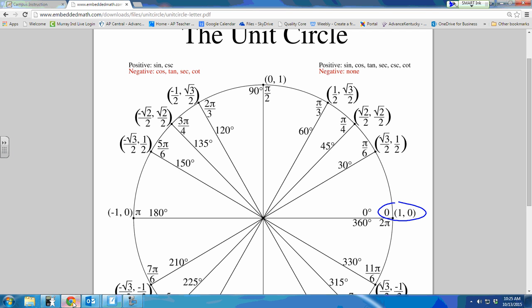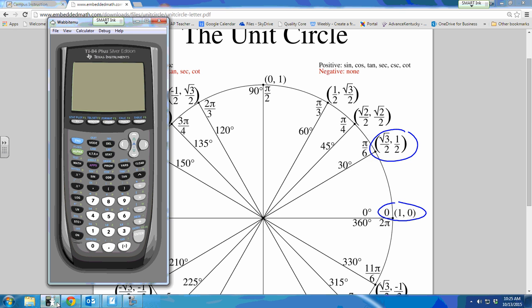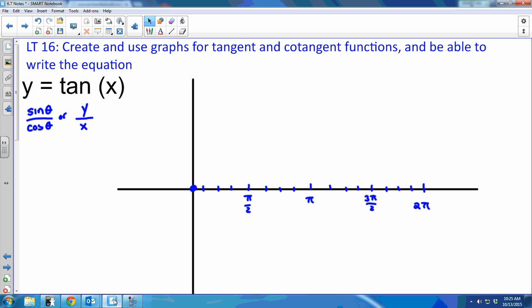Okay, then we keep going, and we have 1/2 divided by the square root of 3 over 2. Since I'm graphing, I don't really care if it's the exact answer or not. I just want the decimal. And I get 0.577. So we'll say this is 1. So 0.577 is a little bit more than half, right?